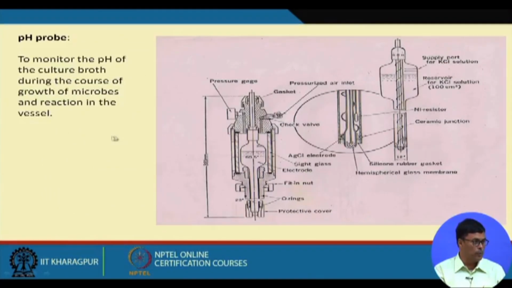This is the pH probe used in the fermenter, which is a different type compared to the normal pH probe. When used inside the fermenter, it should withstand 15 psi pressure, because sterilization usually takes place at 15 psi. The specialty is that we maintain some pressure here, 15 psi, with the help of a hand pump.